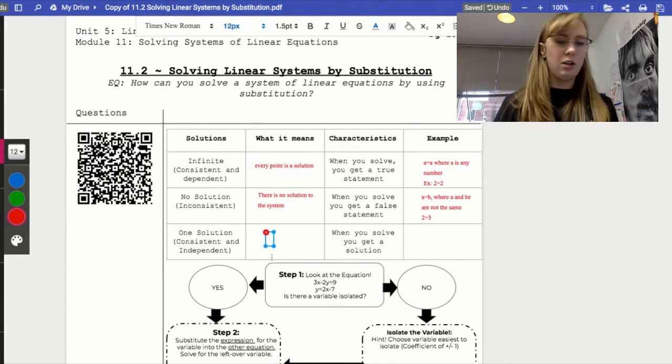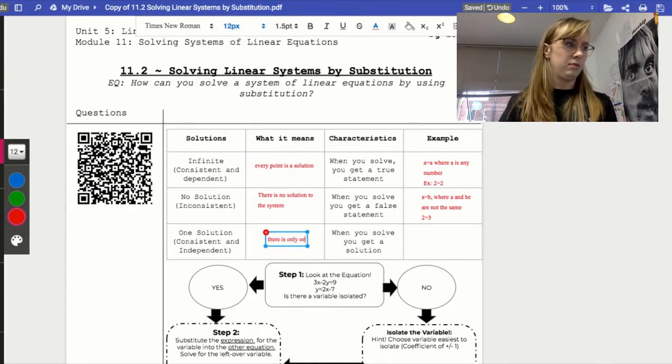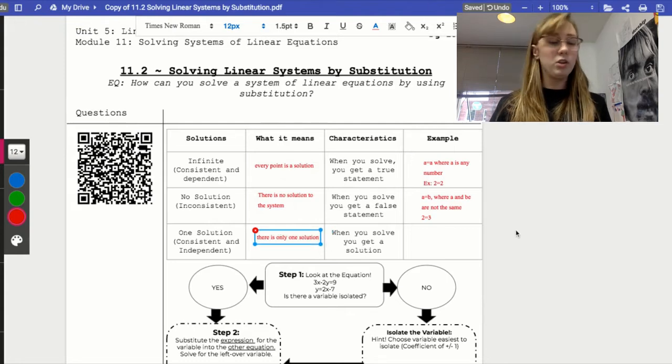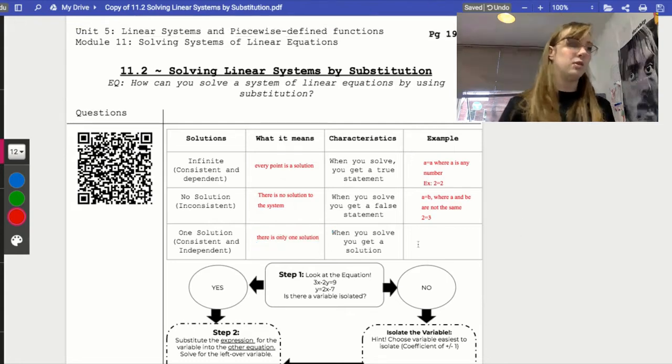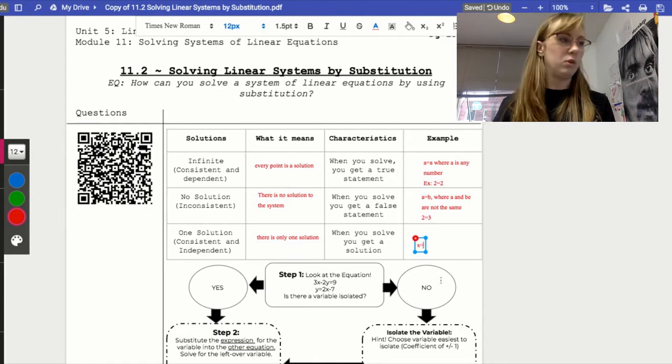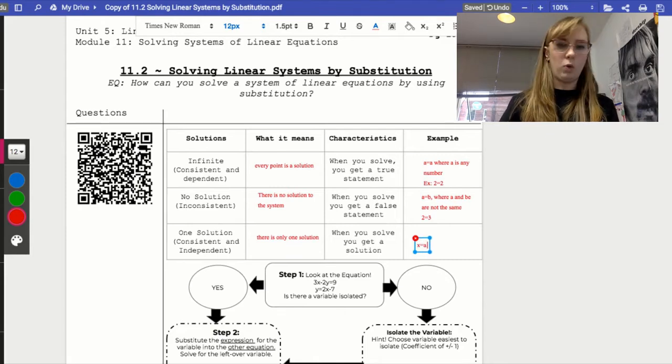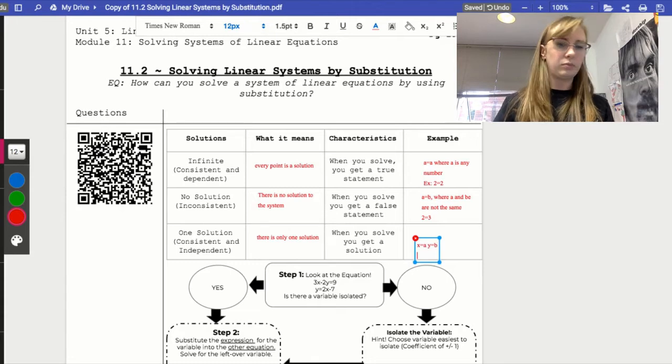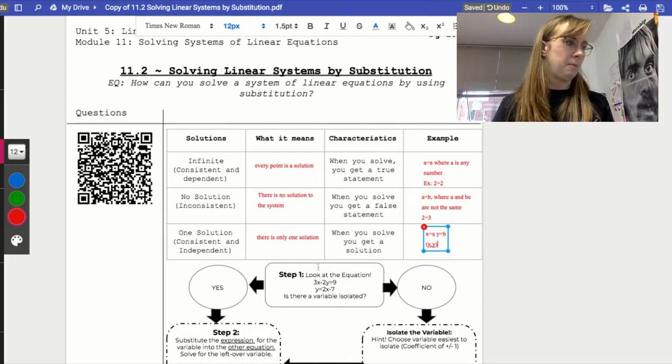And one solution means there's only one solution. Typically, when we solve equations, we see them having one solution, and that's where it's going to look like x equals a number and y equals a number, or a point, x, y. So this is where you get one point for the solution.